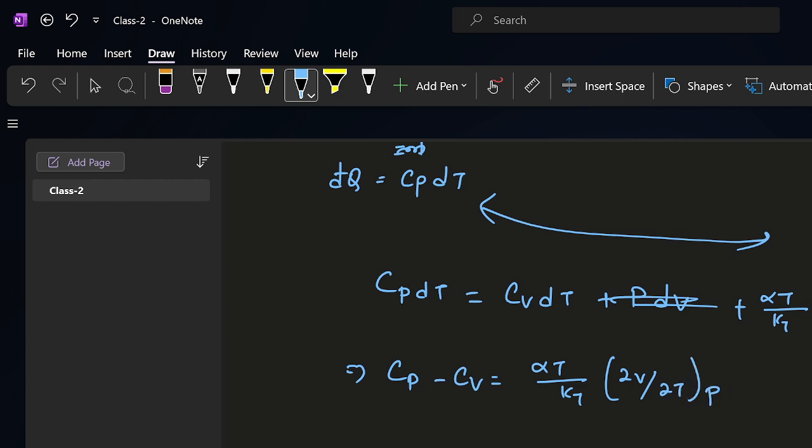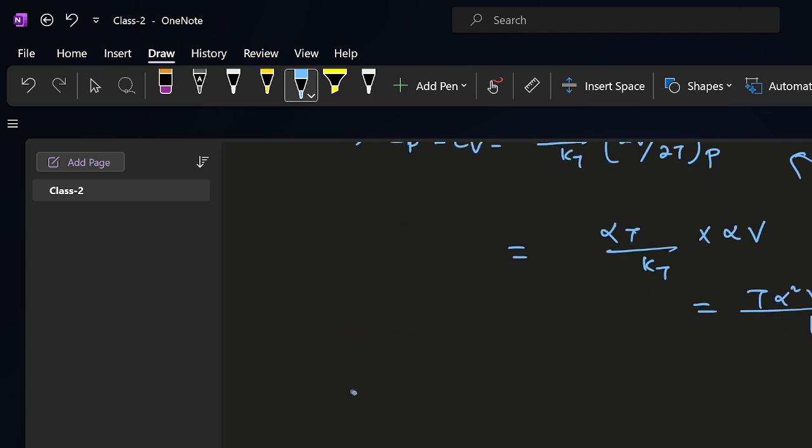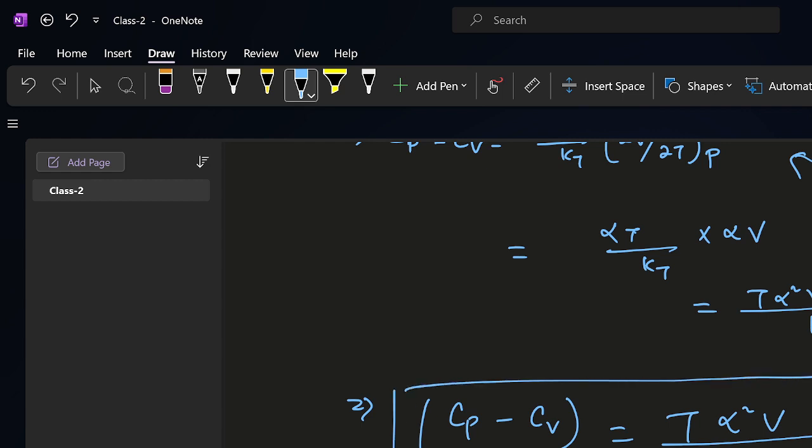So it is alpha T by Kt into alpha V, replace this here. So what is it? It is T alpha square V by Kt. So this is also derived: the difference in specific heat is just T alpha square V by Kt.